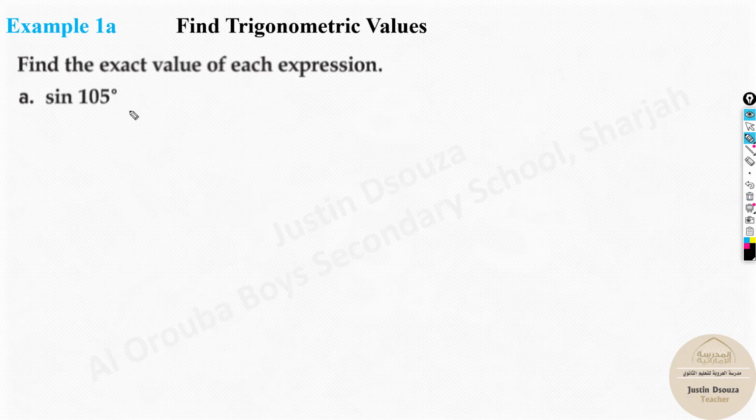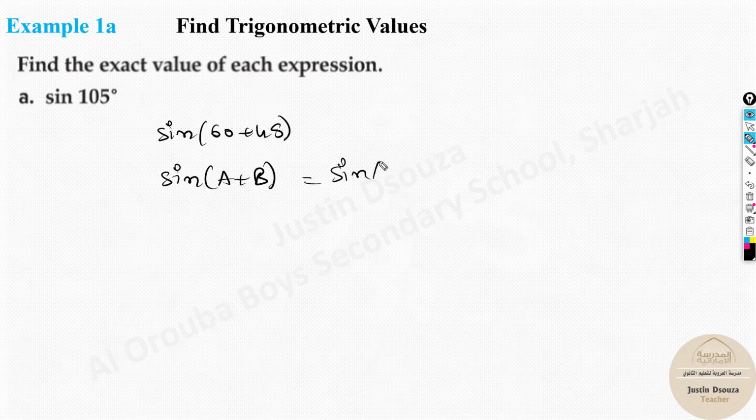When I look at this, I know 105 is close to 60 and 40, but we don't have 40, we have 45, and that's well and good because 105 is 60 plus 45. So if I write sine 105 as sine of 60 plus 45, what happens? I can use the identity of sine A plus B, isn't it? What is the formula over here?